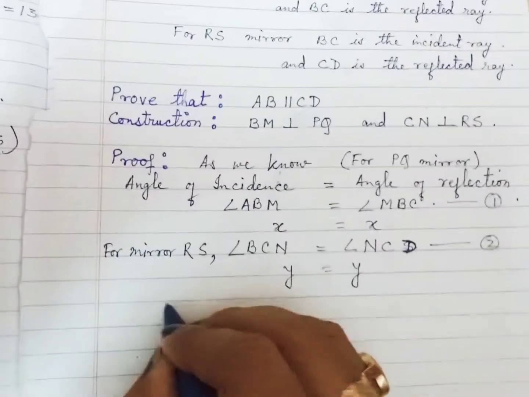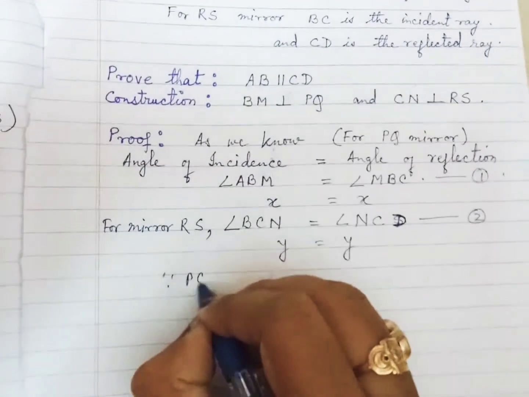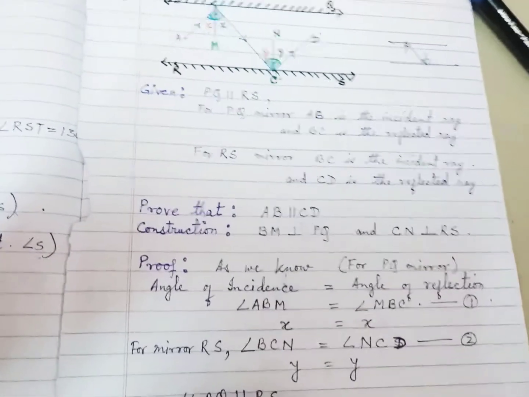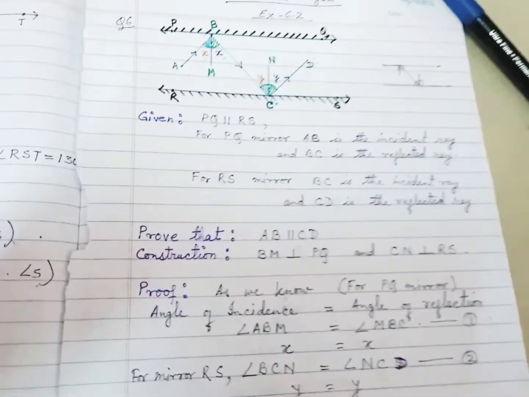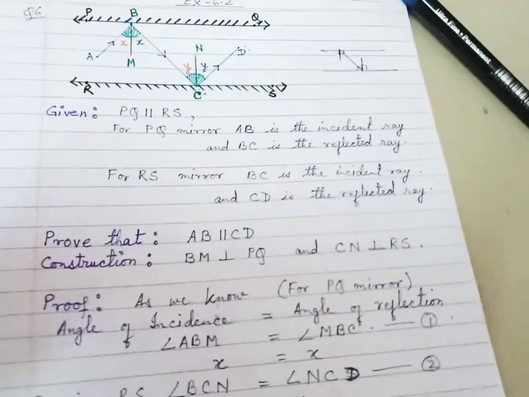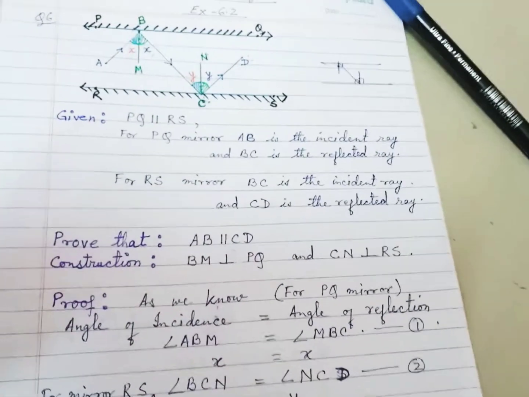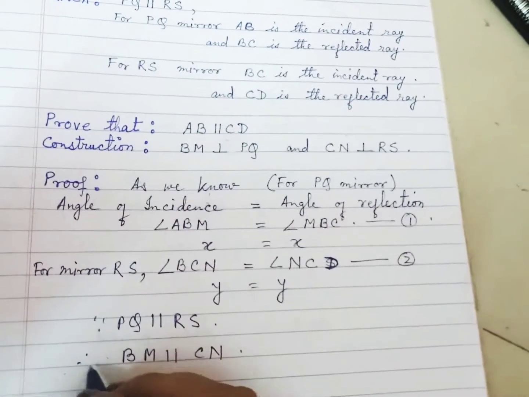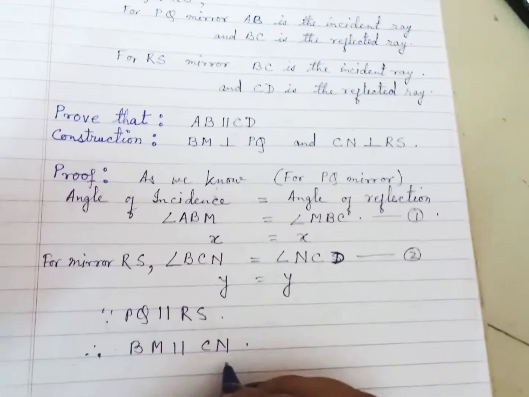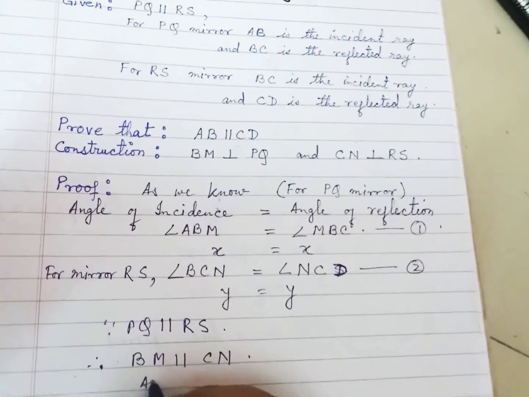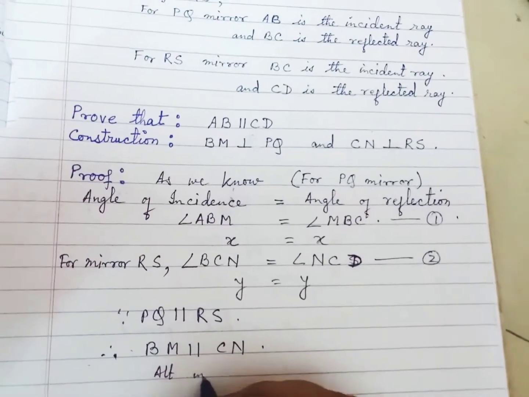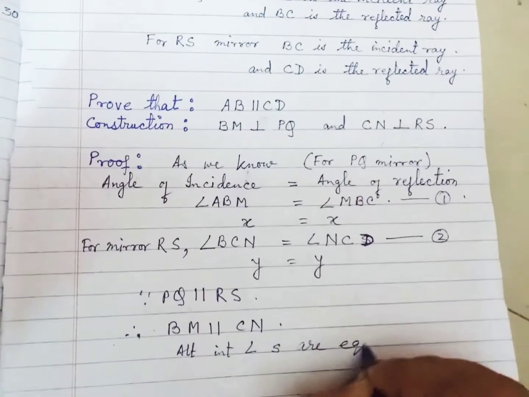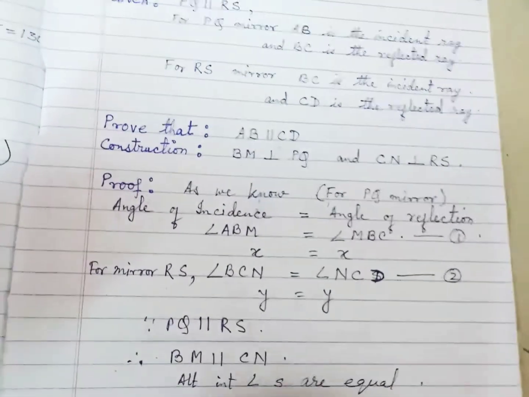Since PQ is parallel to RS, therefore BM is parallel to CN. If they are parallel, then alternate interior angles are equal, and therefore angle x equals angle y.